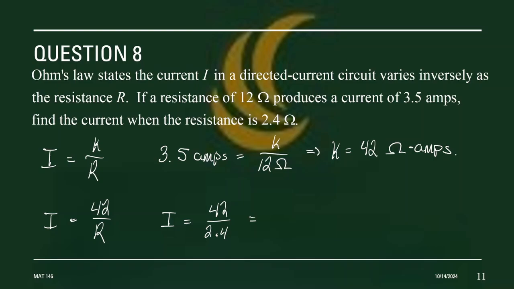So it'd be 12 over 5. So it'd be 42 times 5/12. 7/2 is 42 over 12.